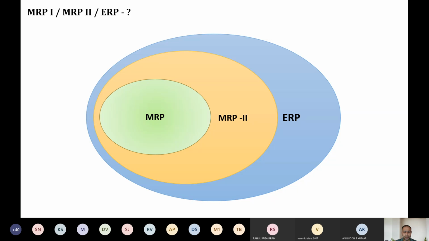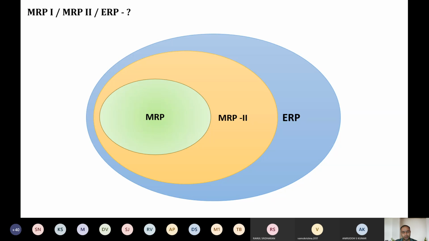MRP2 is about planning all the resources required to run the company as well as to manufacture the product. So it's a simple difference. In MRP1, you are going to plan only the materials. In MRP2, you are going to plan materials and all other resources, whatever is necessary to run the company or the manufacturing activity.